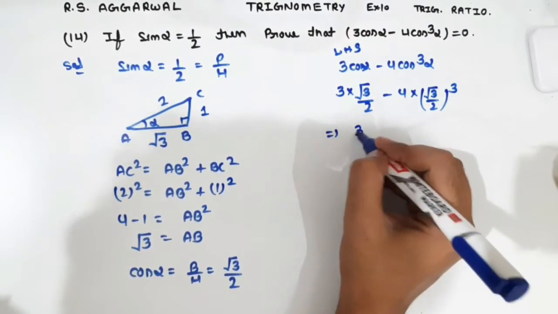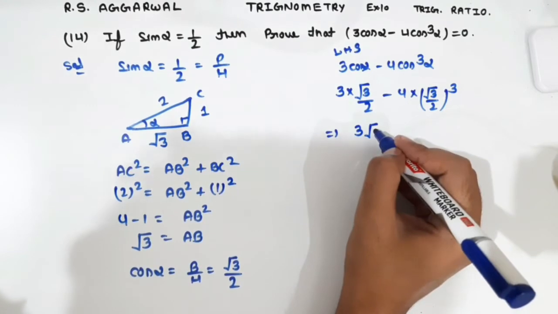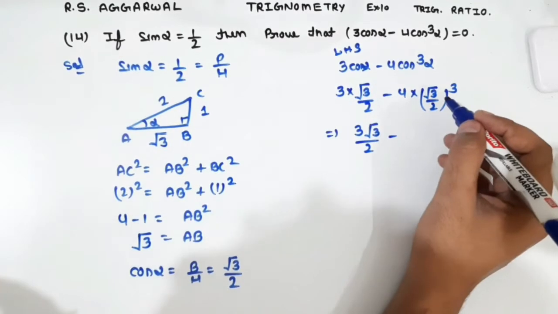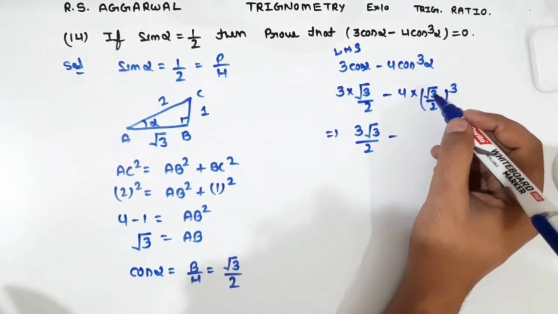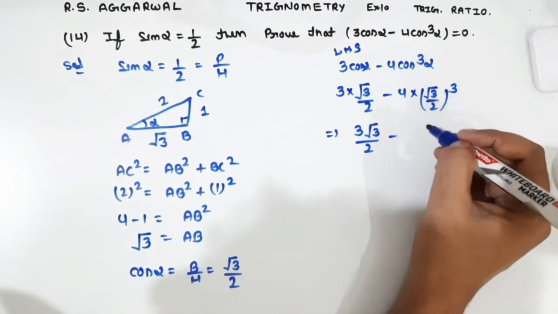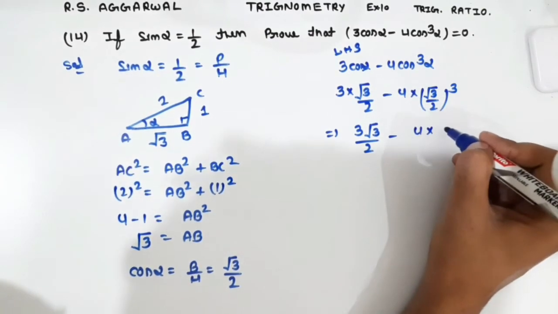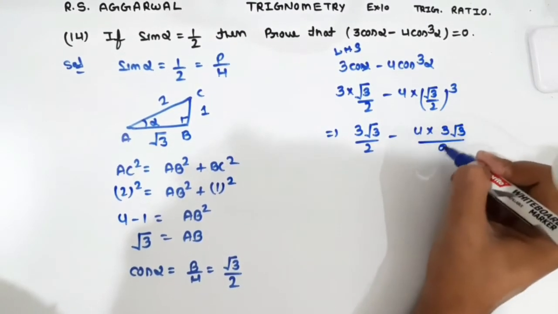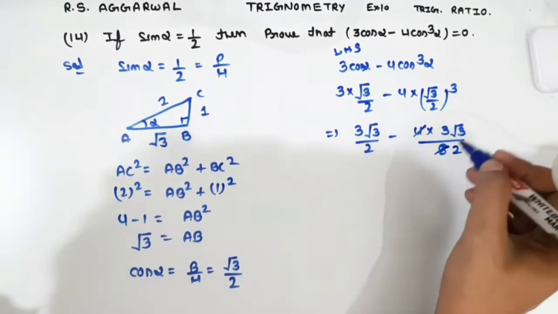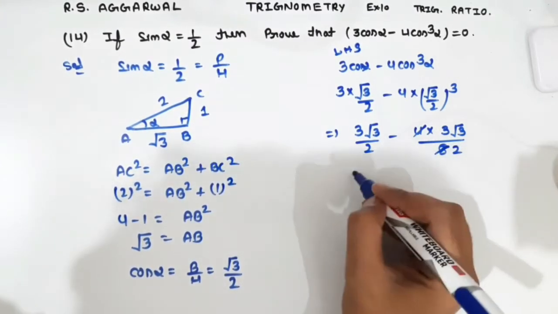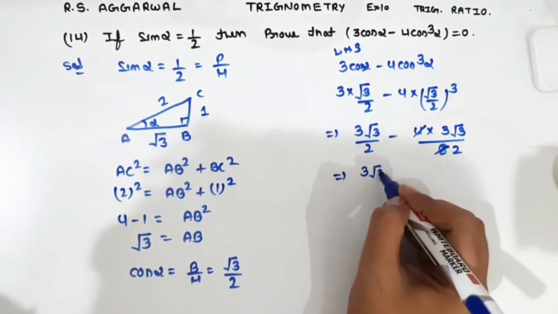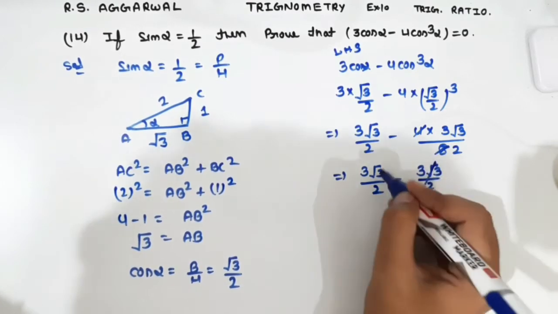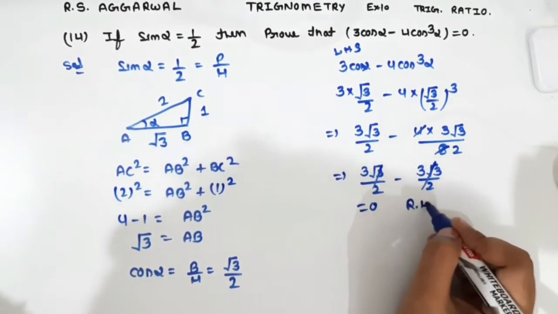So this will be equals to 3 root 3 upon 2 minus, under root 3 cube will be written as 3 root 3 and 2 cube will be 8. So this will be deducted 2 times. So 3 root 3 upon 2 minus 3 root 3 upon 2. So that will be equals to 0. That is equals to RHS.